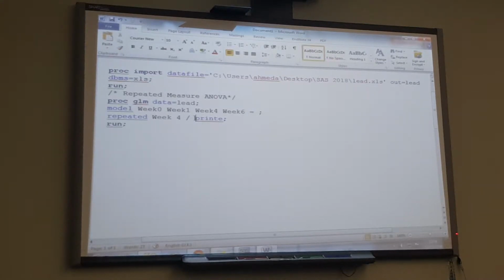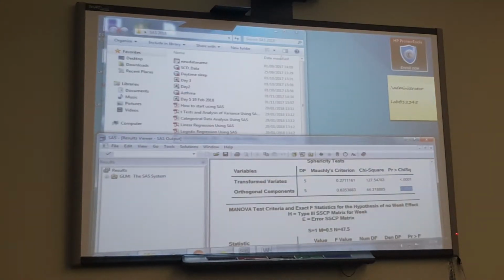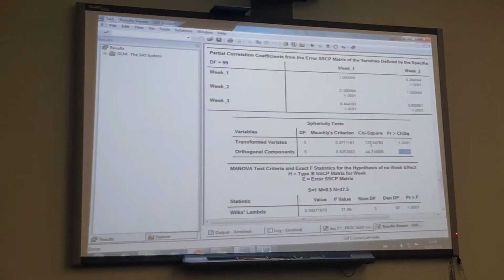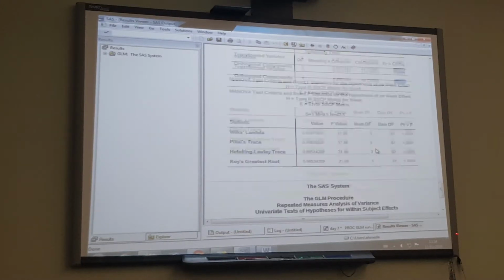If you don't put it, it just gives you the univariate. So now you are all done. We can go through it now.